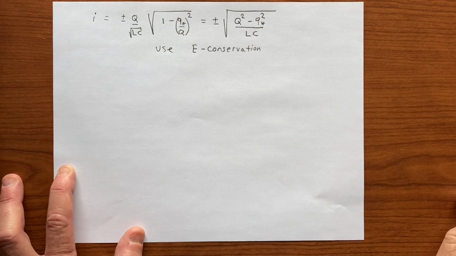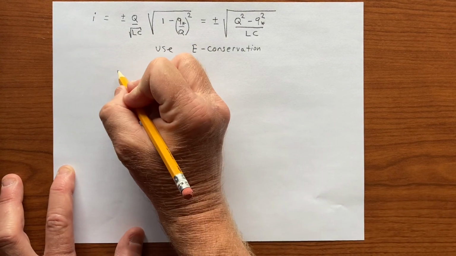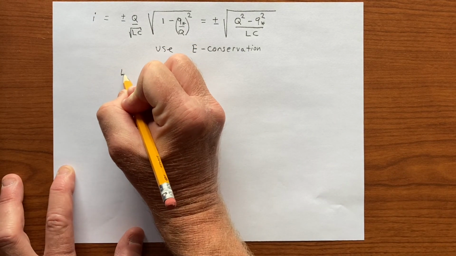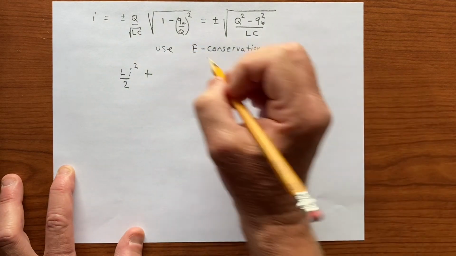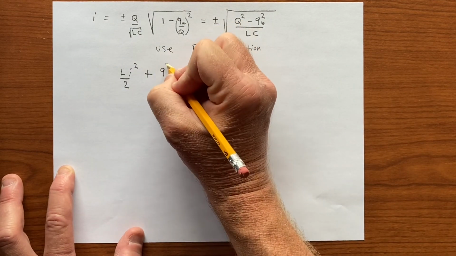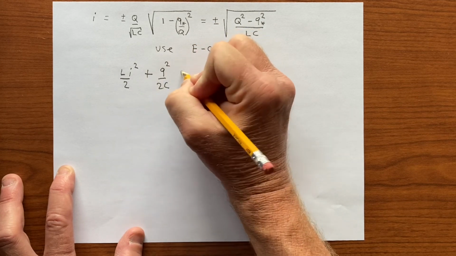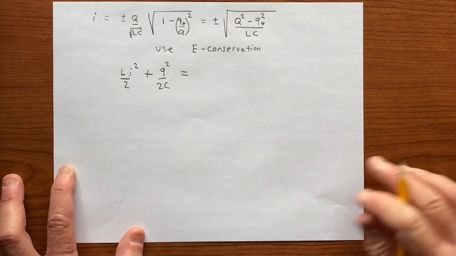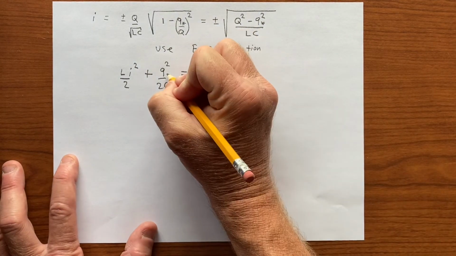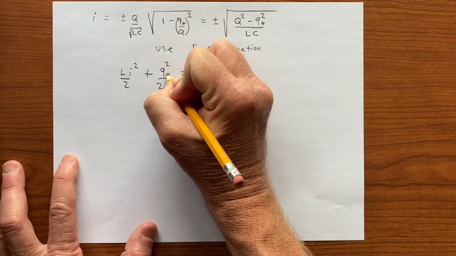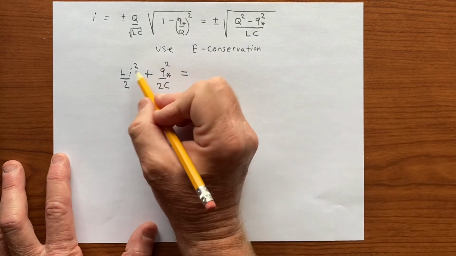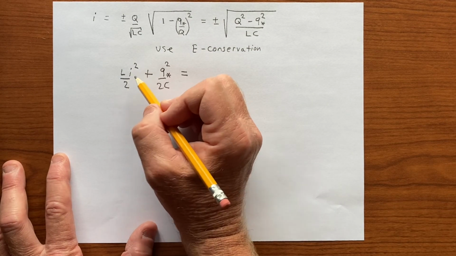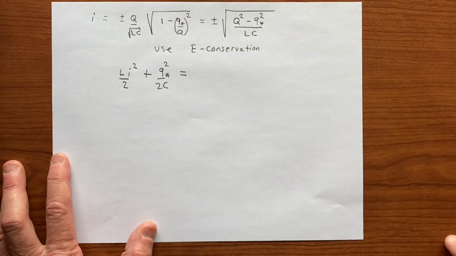We know that the energy in the inductor, L i squared over 2, plus the energy in the capacitor, which is Q squared over 2C, is equal to the total energy. At some moment in time we have Q star in the capacitor, so all of this is known. We're trying to find this. We know this, so the total energy must be known.